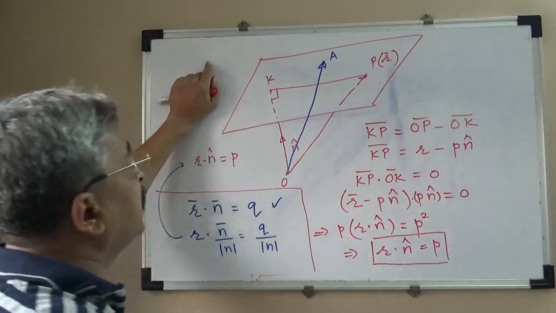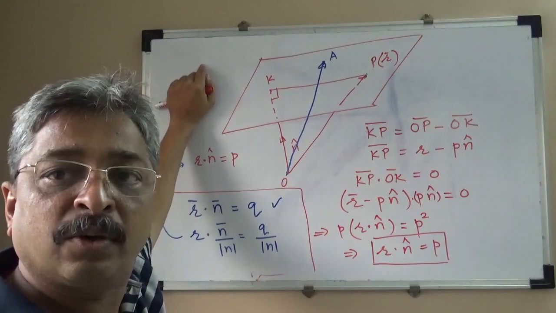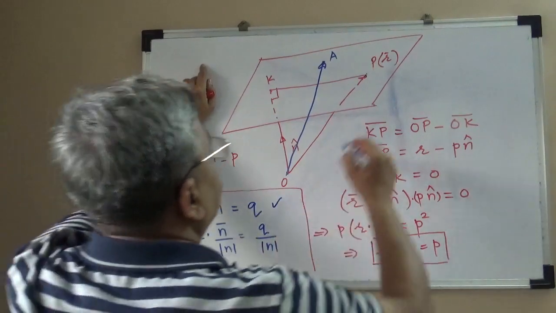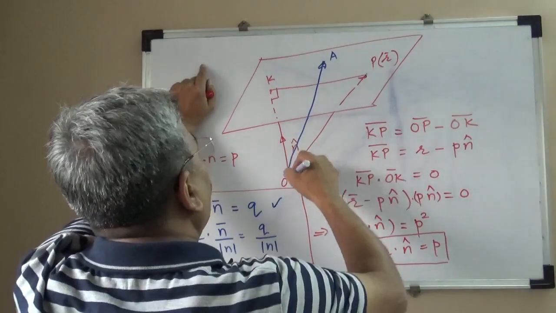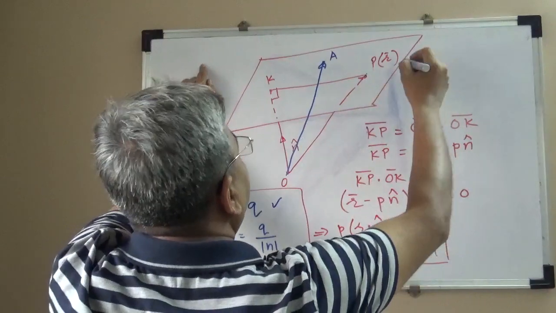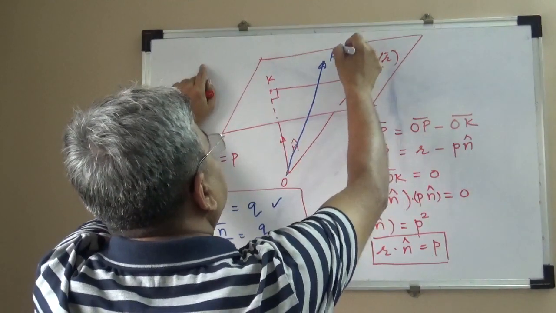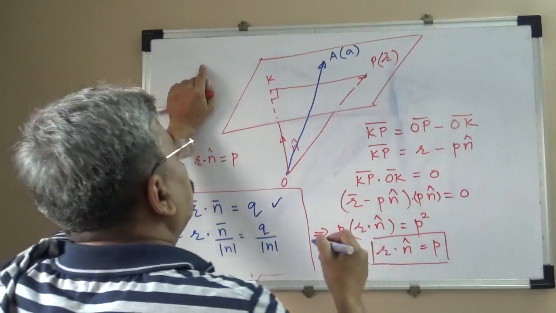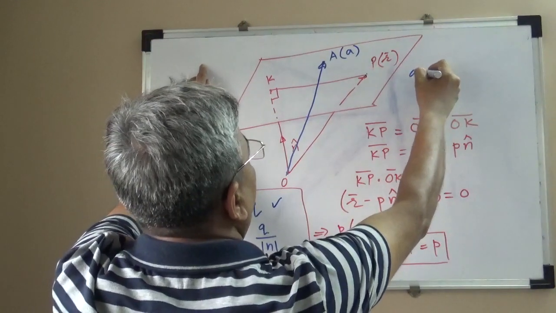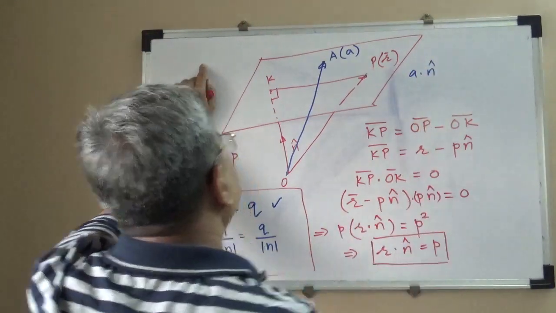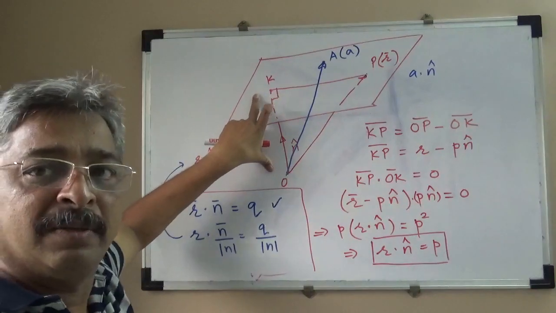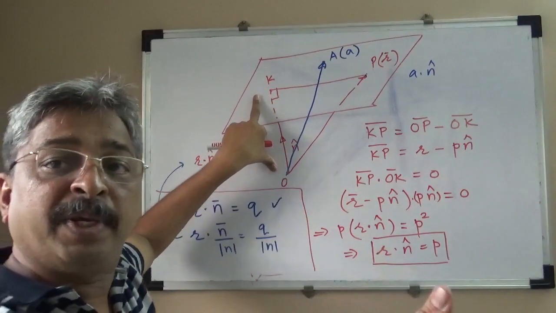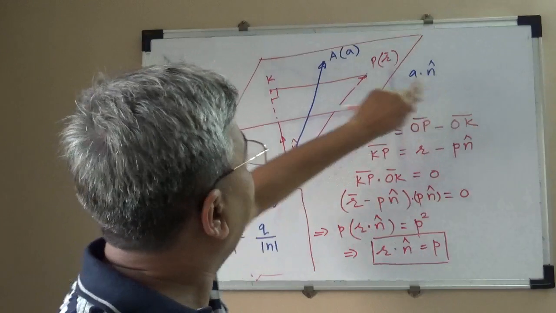So what is the projection of vector OA on n? Let us say this is A. So projection is A dot n cap. This is the length of the projection P. So that is what was the P in the earlier equation, A dot n cap.